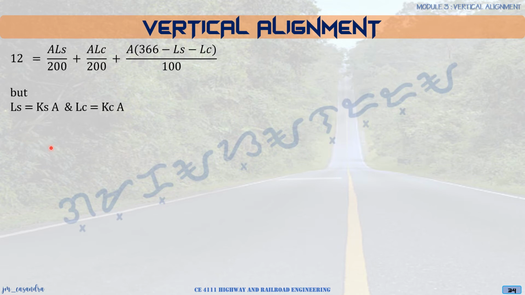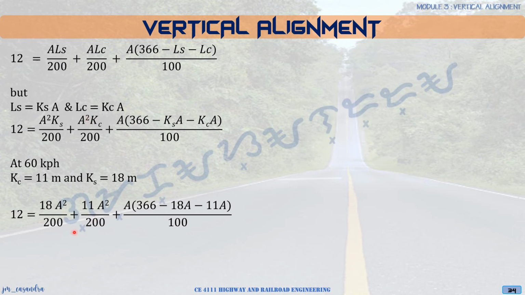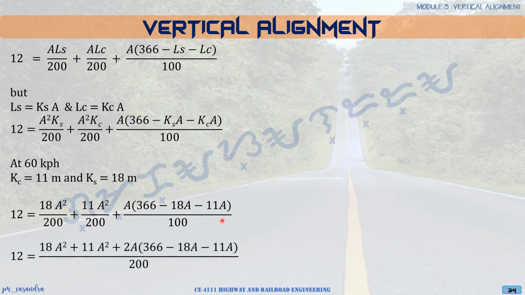We are given that LS is equal to KS times A, and LC is equal to KC times A. Substituting the values of KC and KS into this equation, we arrive at a simplified equation in terms of A. We can simplify further by multiplying the third term by 2 so that all of our terms are divided by 200.